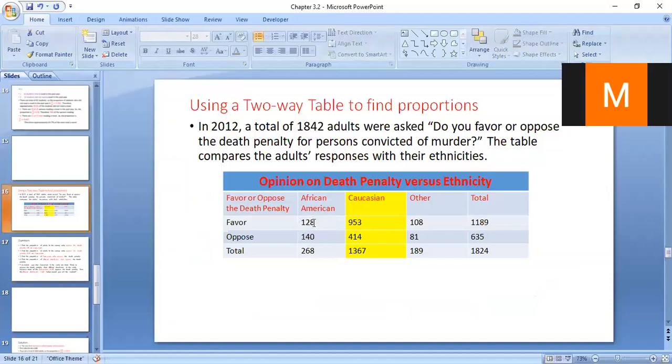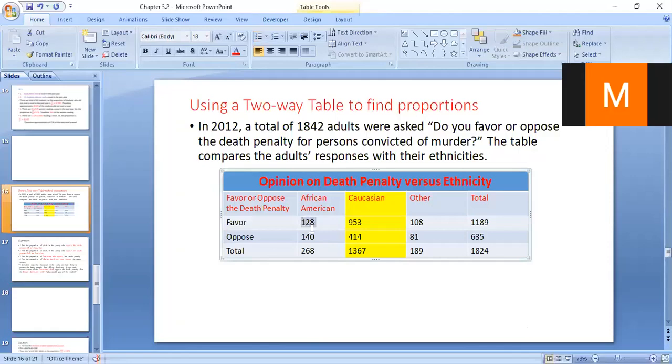This is on the table. When you look at the table, you know how many people favor and how many people oppose in each group: African American, Caucasian, or other. When you find the proportion, if the question is about the favor, you use 128 divided by 268.